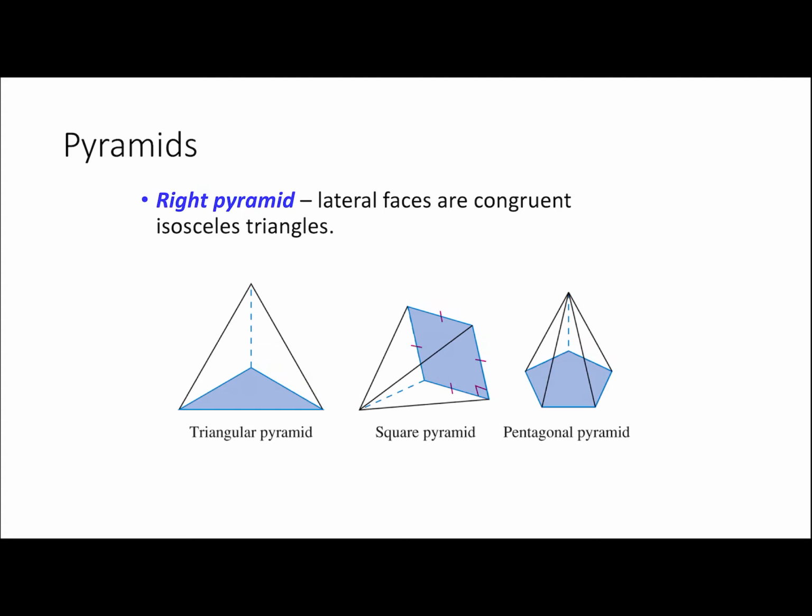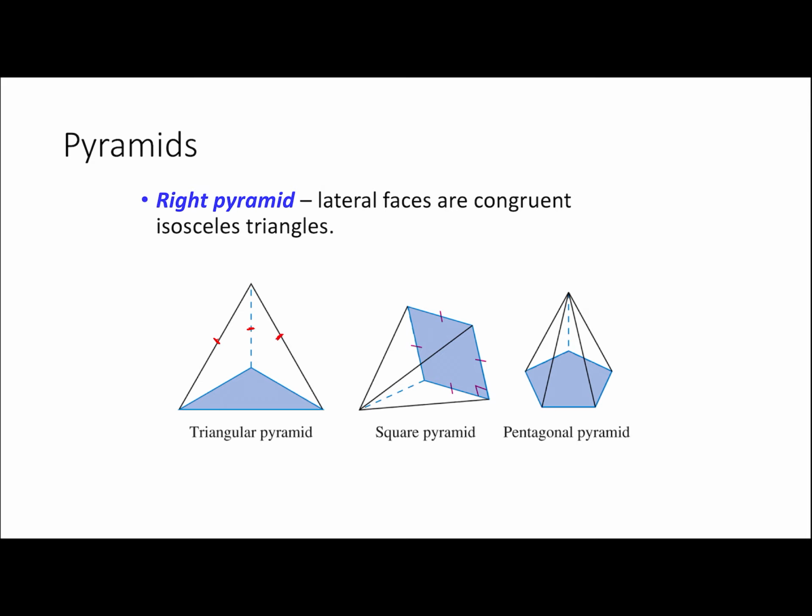So we have right pyramids. In a right pyramid, the lateral faces are congruent isosceles triangles. So think about that. Remember, we said isosceles means that two sides are the same.